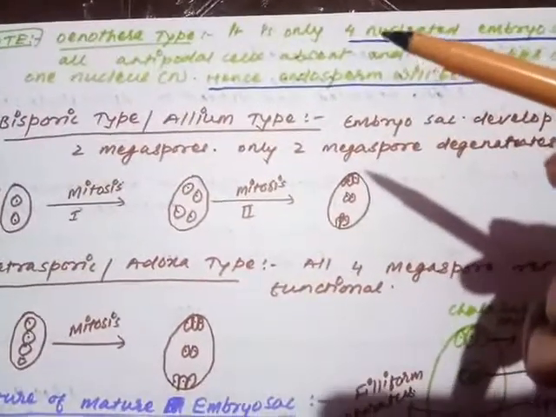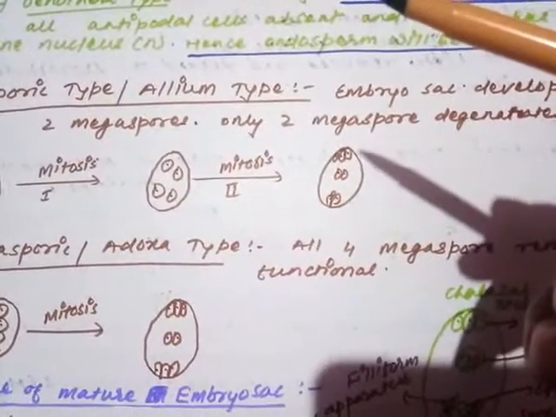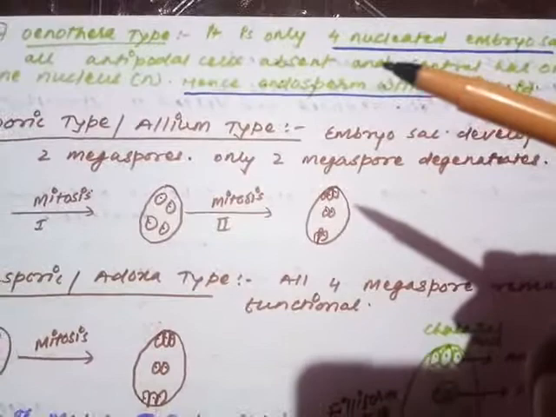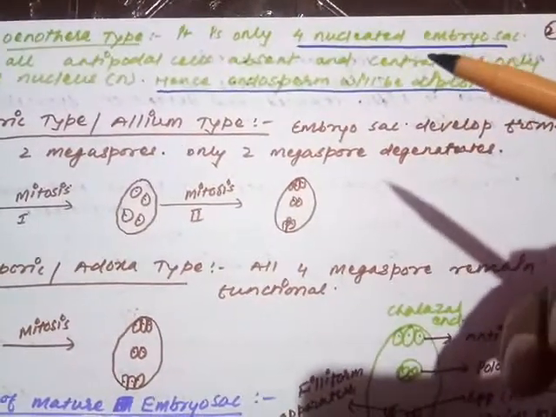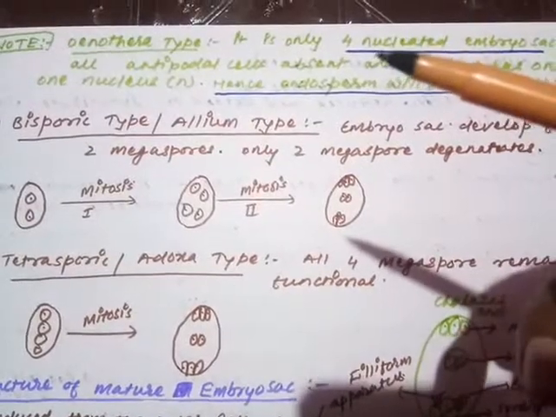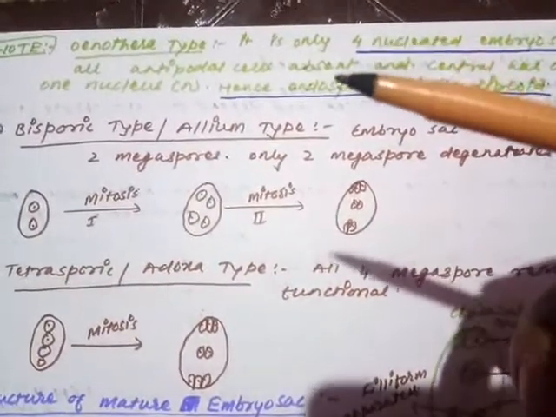Are you getting my point? What is the exceptional case in the monosporic embryo sac? Normally the embryo sacs are 7-celled 8-nucleated, but the Oenothera type of embryo sac is only 4-nucleated. How do we get that situation, how are only 4 nuclei present?